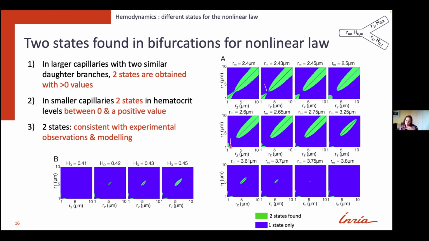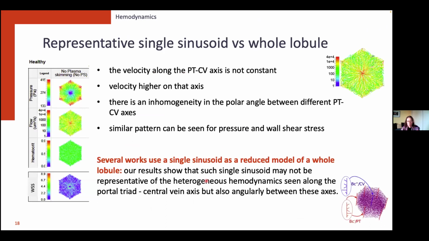So it's like flipping sides, if you want. And in fact, these two states are consistent with experimental observations and also modeling in some other papers. So this was really interesting from a modeling point of view.